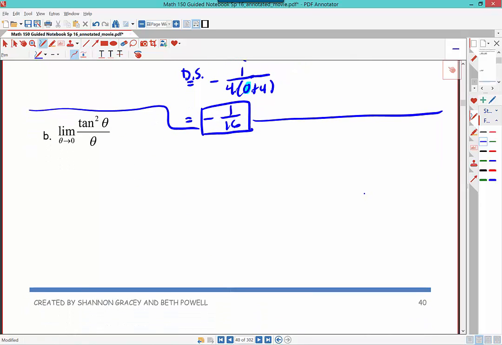Again, trying direct substitution. What happens? We would get tangent at 0, that quantity squared, over 0, which is 0 over 0, which means, great, indeterminate, more work.